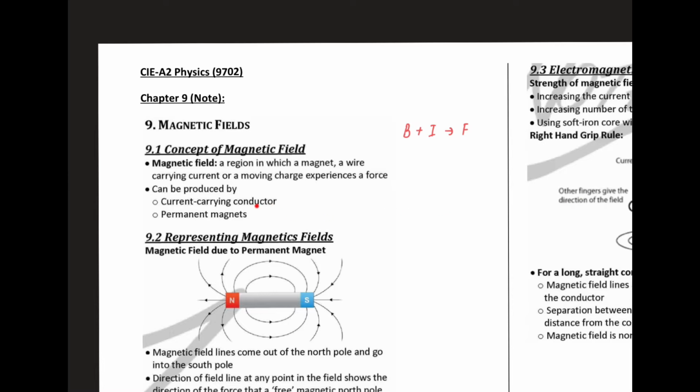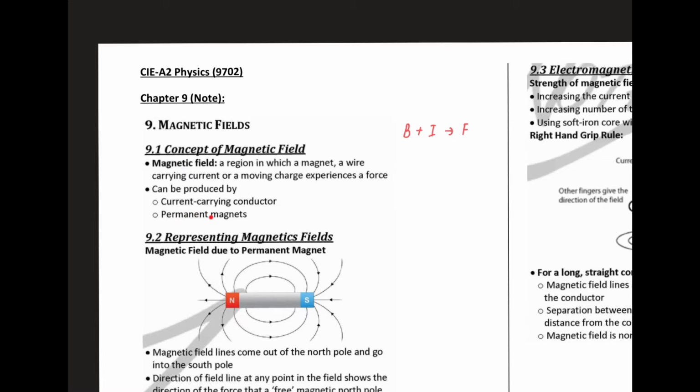We call that electromagnetism. Current carrying conductor will produce a magnetic field through electromagnet. Electromagnet is temporary magnet. As you try to imagine, if current is not there, then the magnetic field will just disappear. The second type of magnetic field is where it is produced by a permanent magnet.